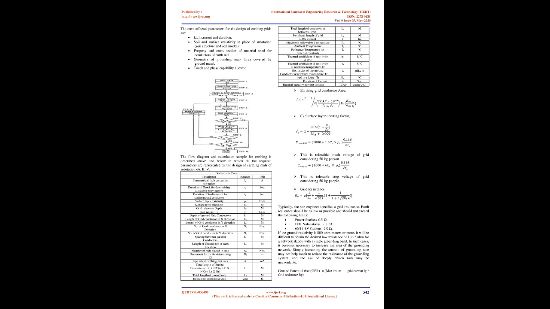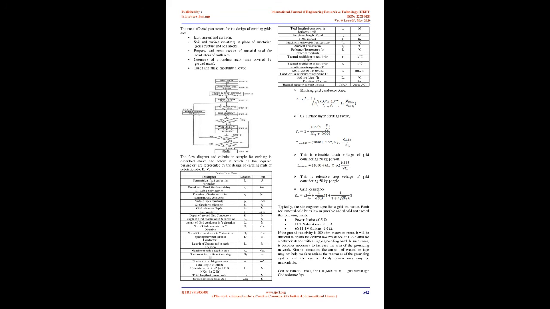Grid reference depth, H0, m. Soil resistivity, ρ, ohm-m. Depth of ground grid conductors, H, m. Length of grid conductor in X direction, LX, m. Length of grid conductor in Y direction, LY, m. Number of grid conductors in X direction, NX, nos.